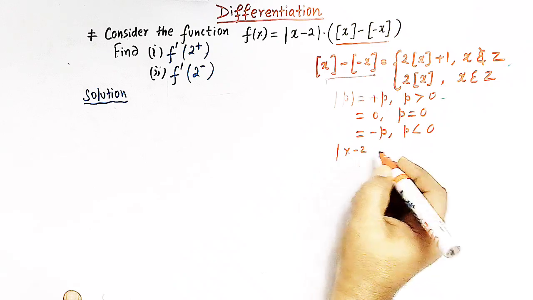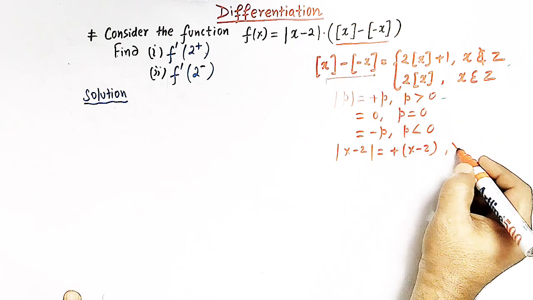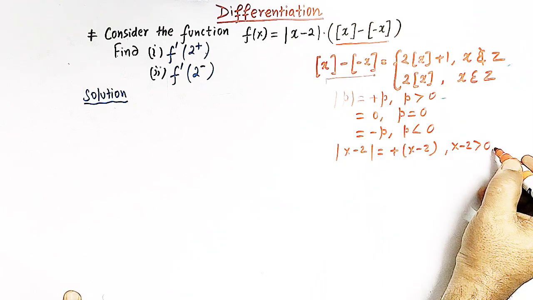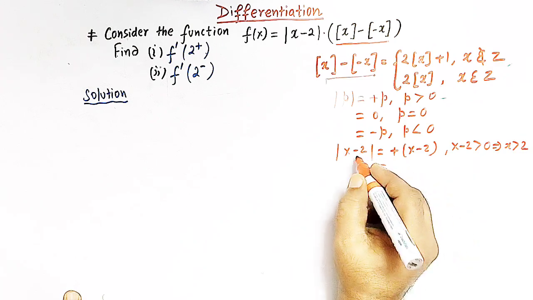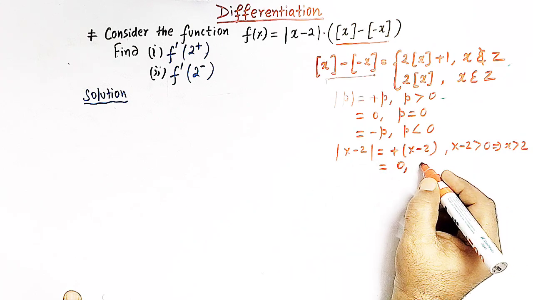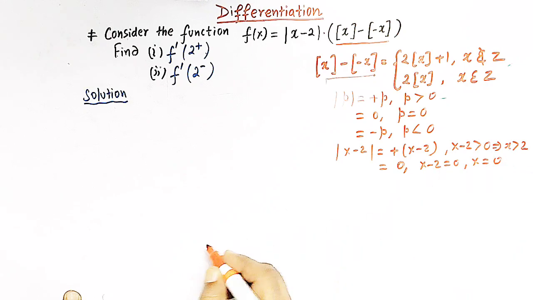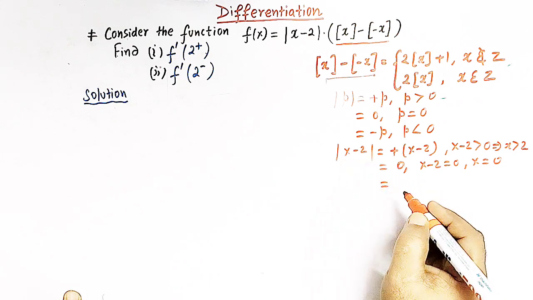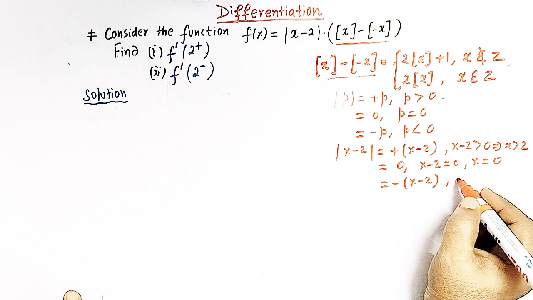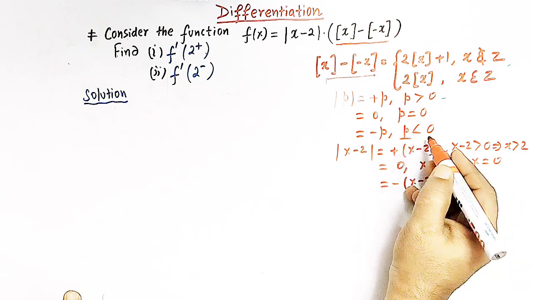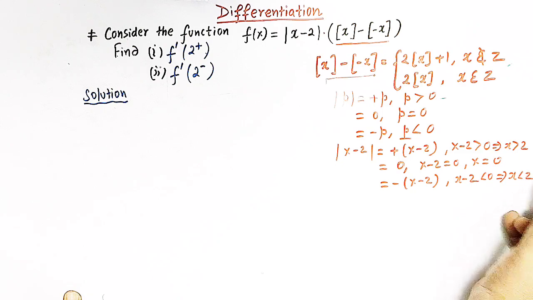So mod of x minus 2 is positive x minus 2 whenever x minus 2 is greater than 0. It implies that x should be greater than 2, and mod of x minus 2 is 0 whenever x minus 2 is equal to 0, that is x is equal to 2, and mod of x minus 2 is equal to negative x minus 2 whenever we have x minus 2 less than 0. So it implies x less than 2, right?